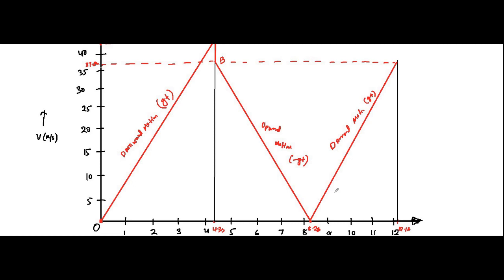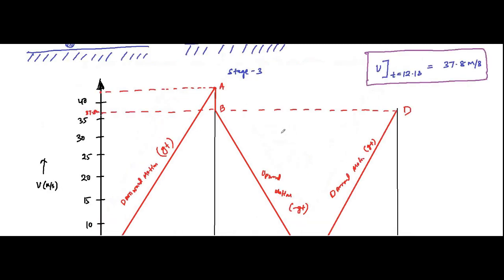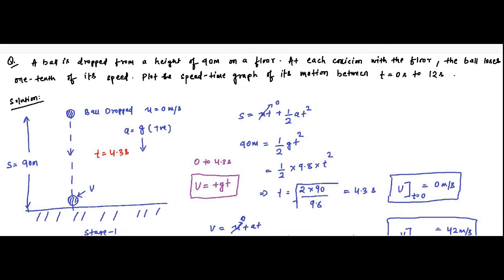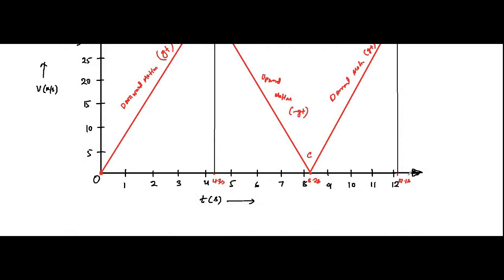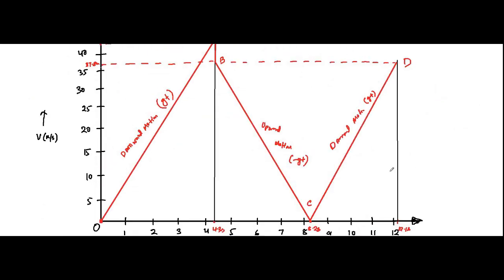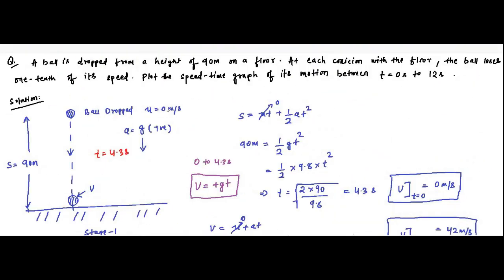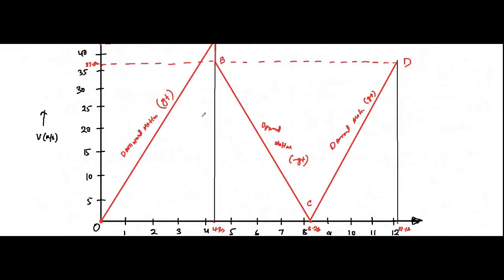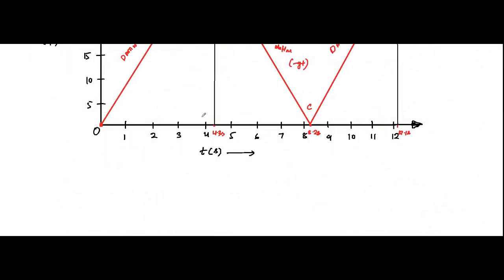This is B, this is point C, this is point D. This is the velocity-time graph of the situation mentioned in the question, from 0 seconds to 12.1 seconds. So a very good question related to graphical analysis of one-dimensional motion, in this case an object moving under the influence of gravity.